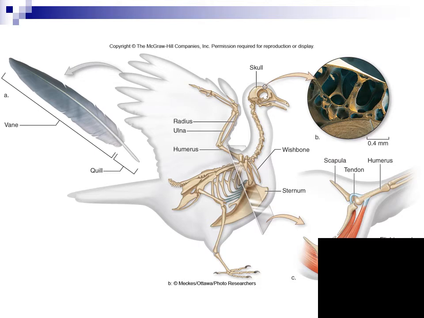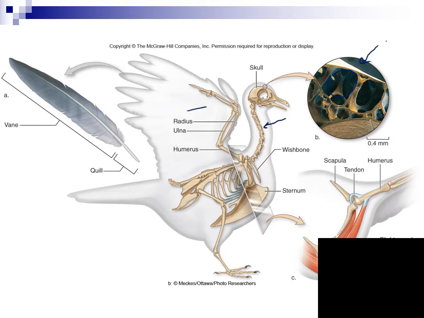So this is a picture from one of your books, and it's just to illustrate both the skeleton, but also you can see here they did a cross section through the skull, and so you can see that there's big open spaces within the skull bone, and that's to make the skull weigh less, which helps them get off the ground. But if we look at the skeleton, they have vertebrae just like we do.